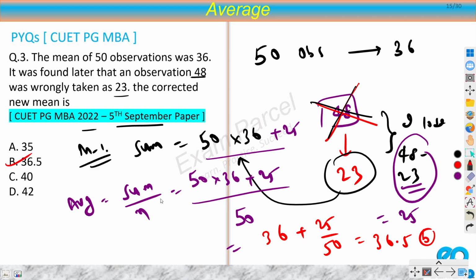This was the first method. Now let us look at the more logical one. Method 2, which is certainly the better one. So we have 50 observations and the average is 36.